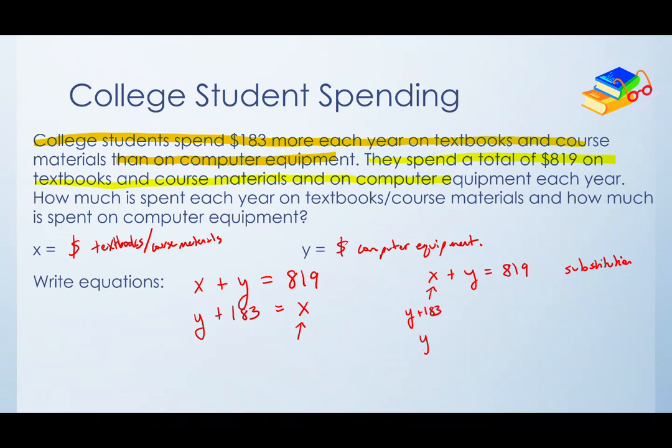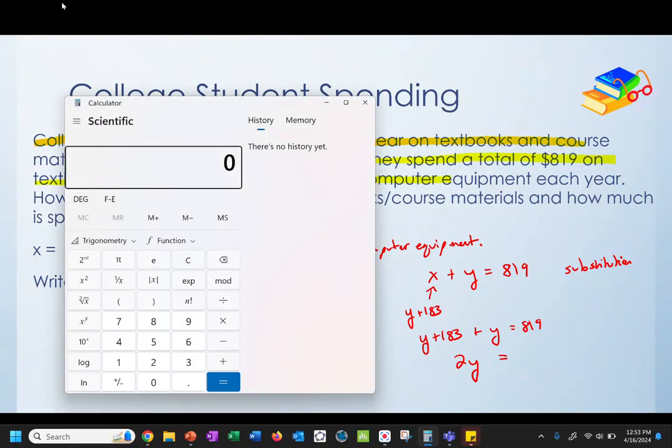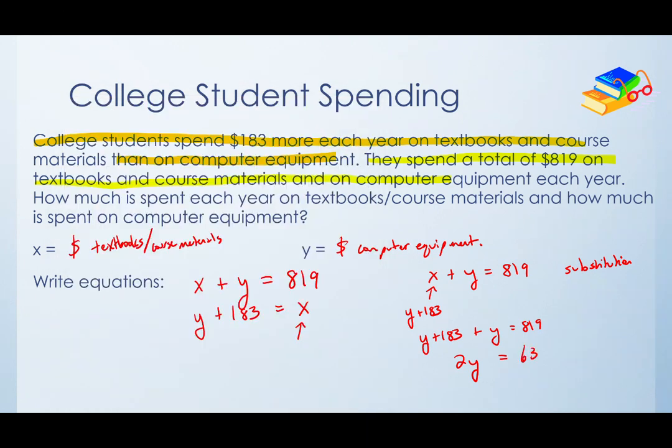So I've got y plus 183 plus y equals 819. Collect like terms, 2y. I'm going to subtract 183 from both sides.